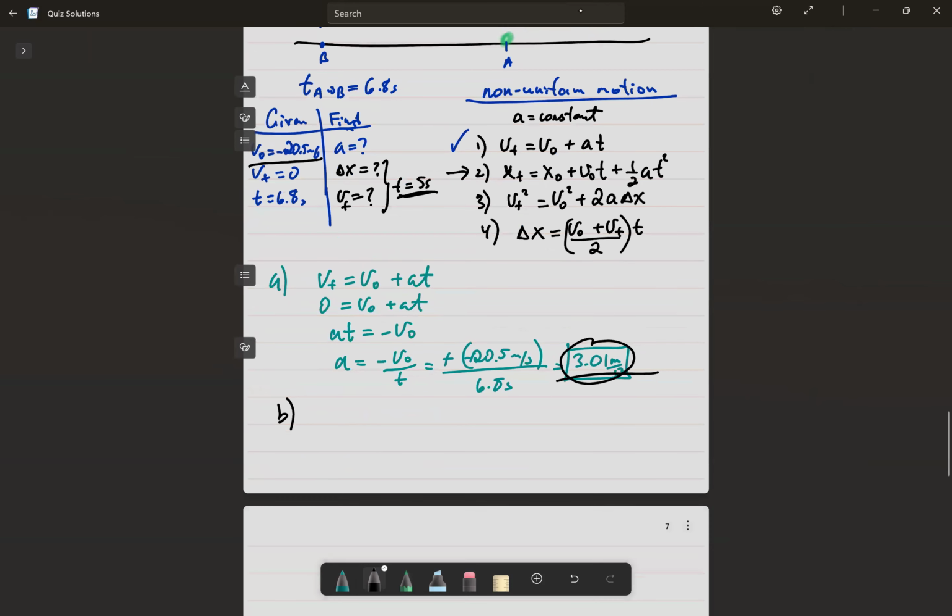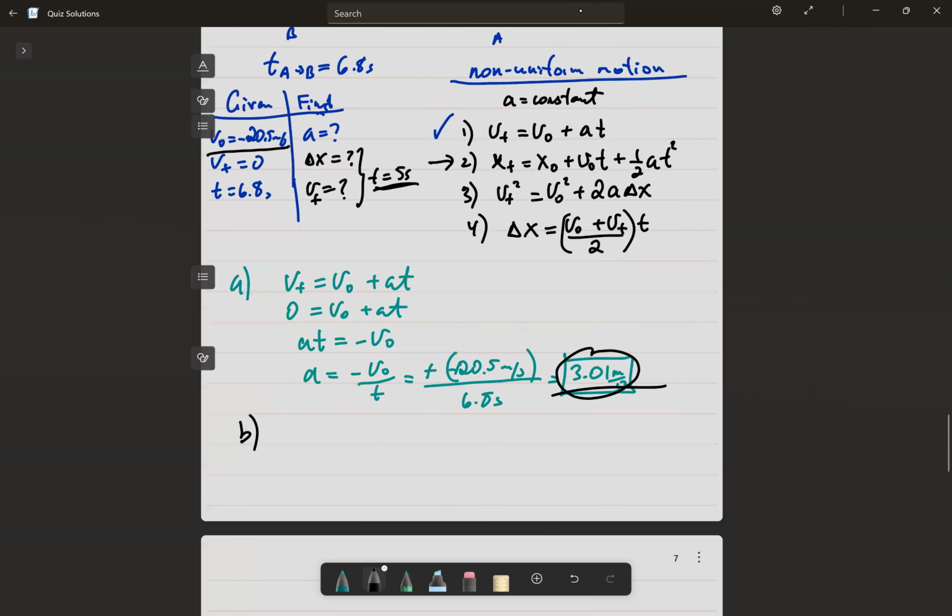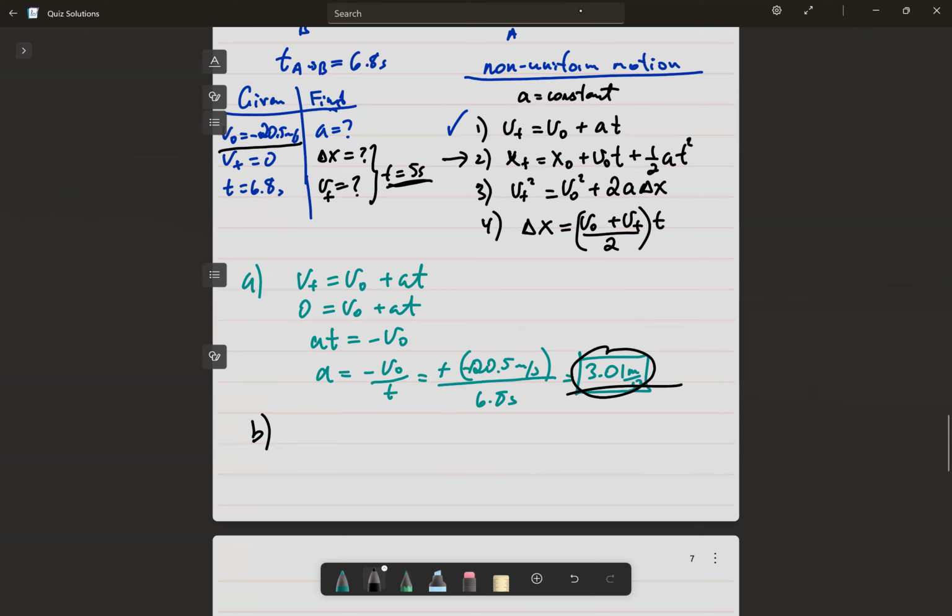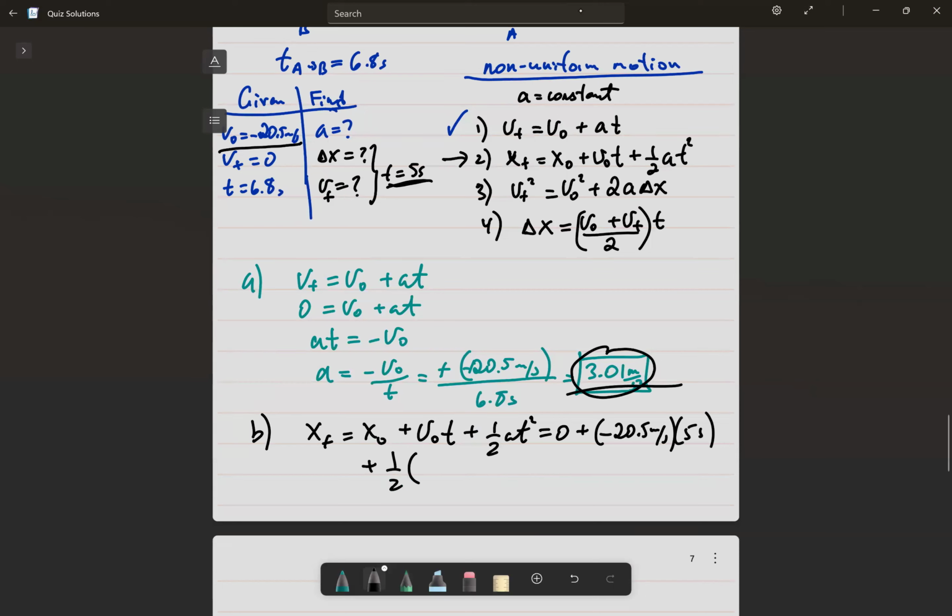But we're fine, because equation 2 allows us to solve for displacement without requiring final velocity. So x final equals x initial plus initial velocity times time plus 1/2 at squared. Initial position is 0. Initial velocity is negative 20.5 meters per second times 5 seconds, plus 1/2 times acceleration, which is 3.01 meters per second squared, times 5 seconds squared.